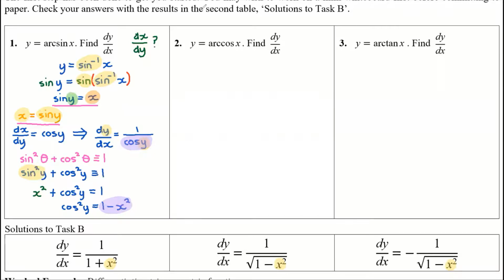So with that little bit of an aside there, I'm just going to partition this off. I now know that dy by dx is simply going to be 1 over the square root of everything I've just found here. And I apologize, I'm just running out of space. Okay, so that's the derivative of arc sine.